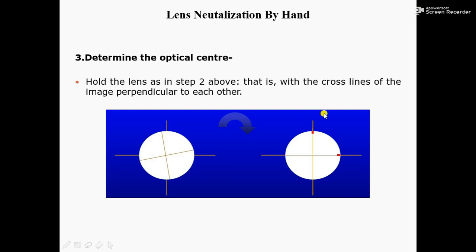See the diagram, this is scissoring movement and this is the cross line. We will rotate or move the lens until they line up with each other. See the diagram like that.